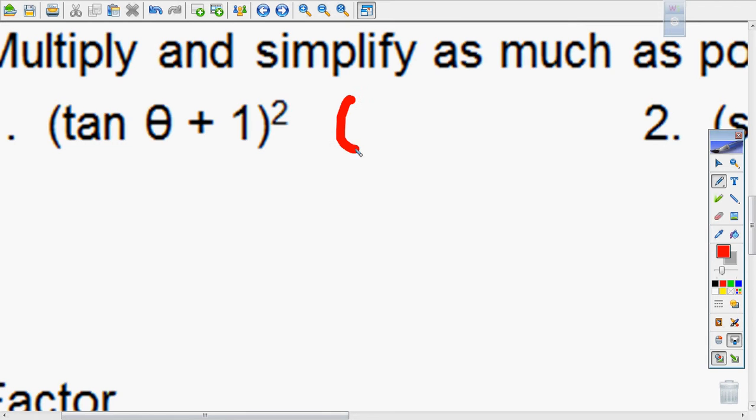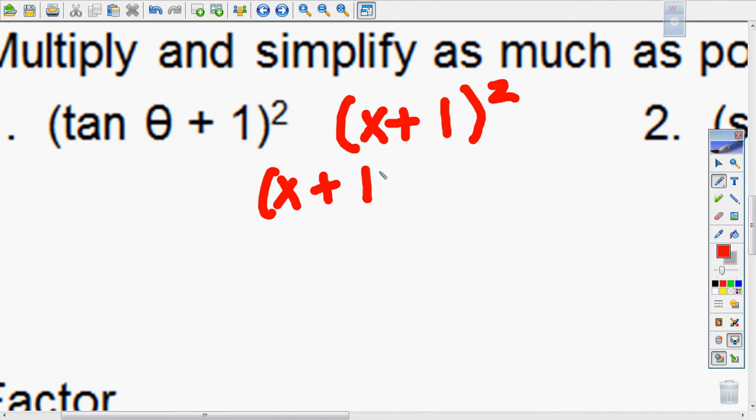In algebra, it was very common to see x plus 1 squared, right? In Algebra 1, what did x plus 1 squared mean? You have 2 of them, because it's squared. That means it's x plus 1 times x plus 1. When it's squared, that means they're exactly the same.